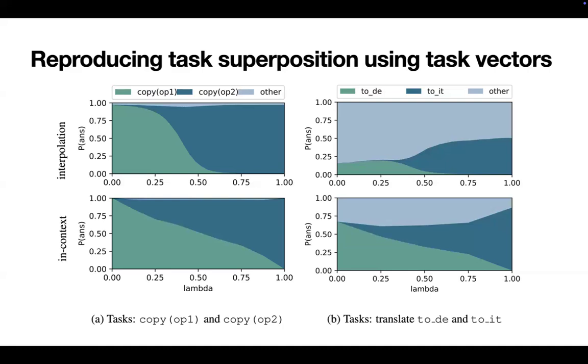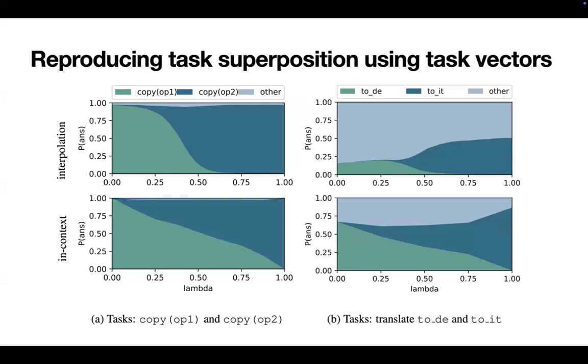As you can see, for example in the first scenario, we consider copy operand 1 and copy operand 2. We can see some kind of interpolation between probability 1 and 0, and we can see the test superposition at, for example, 0.5, where the probabilities are roughly a 50-50 split.